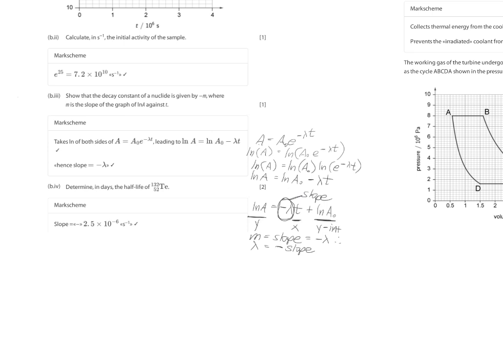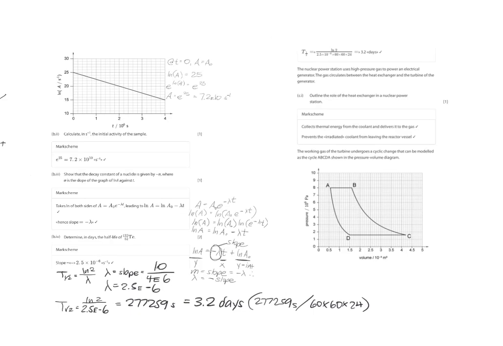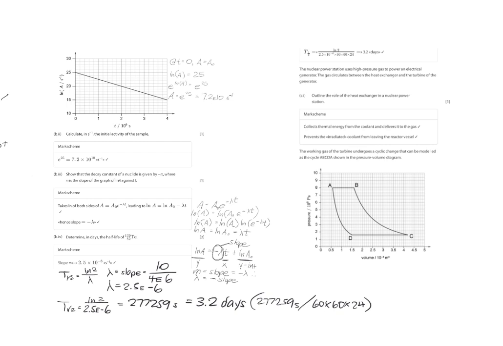Okay. B4. What is the half-life of tellurium-132? We know that half-life is natural log of 2 over lambda. We just figured out that lambda is the negative slope of this graph. And so rise over run, we get 10 over 4.